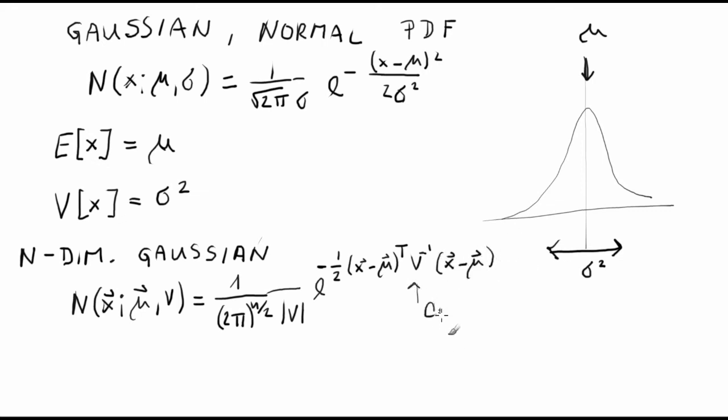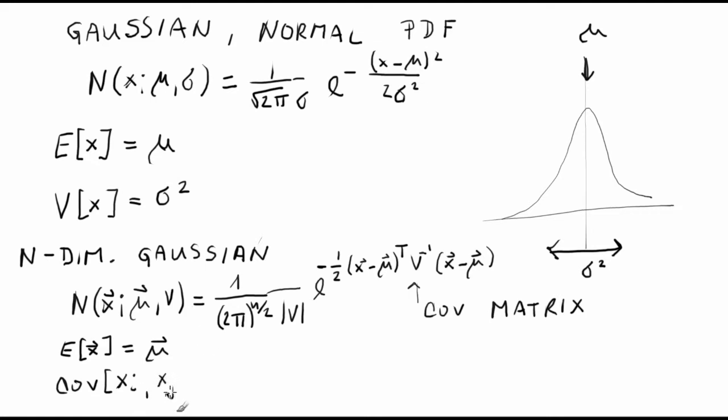Here V stands for the covariance matrix. As you probably expect, the mean values of the individual variables are mu vector and the covariance matrix is V. Expectation value of x vector equals mu vector, and covariance of x_i, x_j equals V_ij.